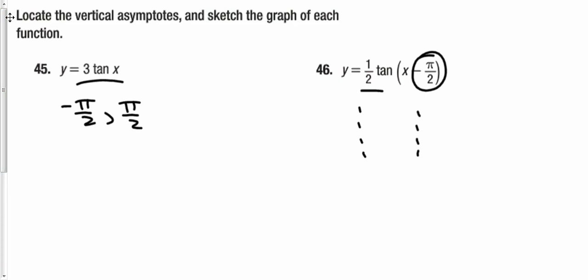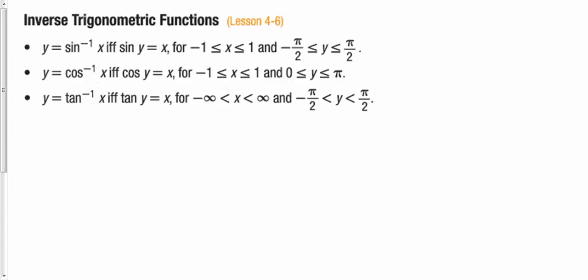Not going to go too crazy, like I said, with graphing the different functions. Inverse trig functions. Here's where we are going to have a few problems. Okay? Remember our constraints: the inverse sine only exists when x is between -1 and 1 and y is between negative pi over 2 and pi over 2.